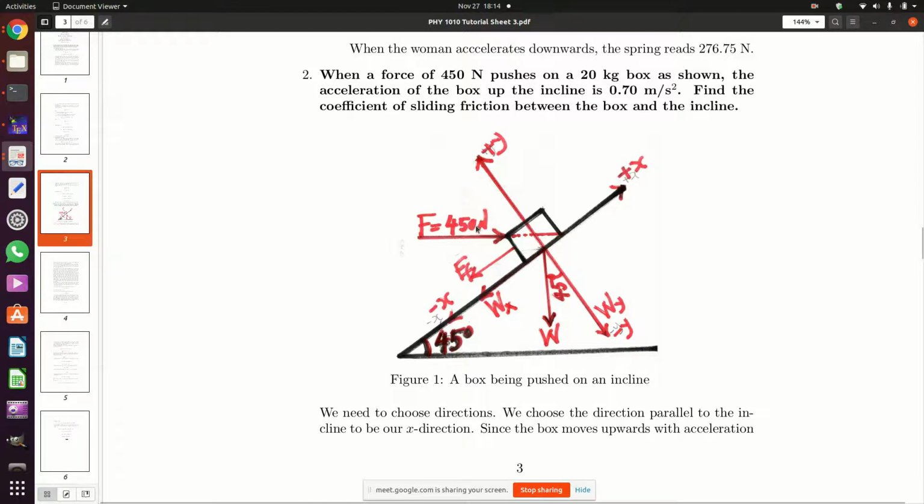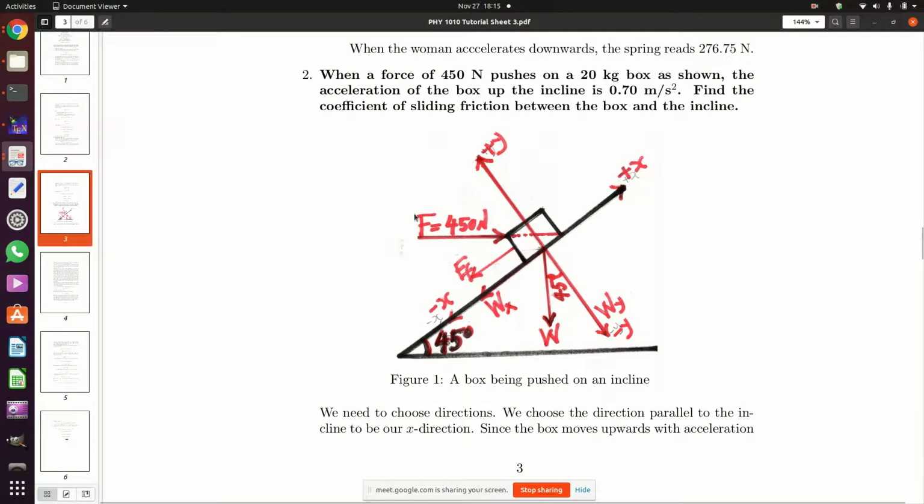You see that this 450 Newton force neither points completely in the x direction, nor completely in the y direction.